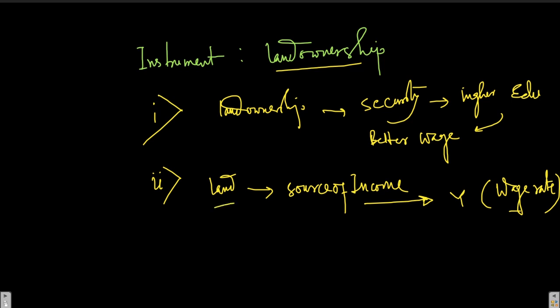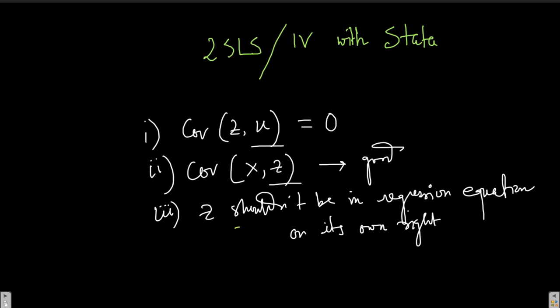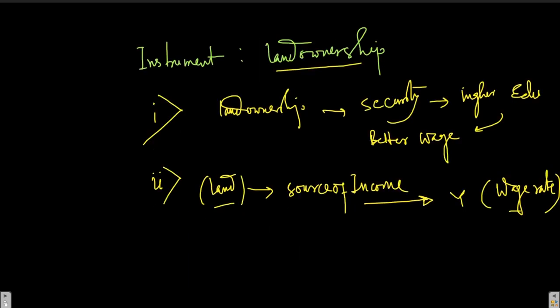In that case, what is going to happen is that this land ownership is going to be present in the regression equation on its own right. So this is something we have to check. We have to check this assumption that we have made. If land ownership is leading to higher education, we have to simply run a regression for obtaining the relationship between education and land ownership.